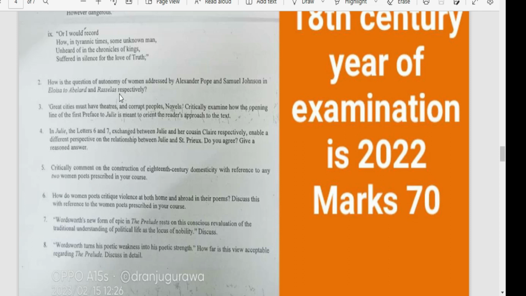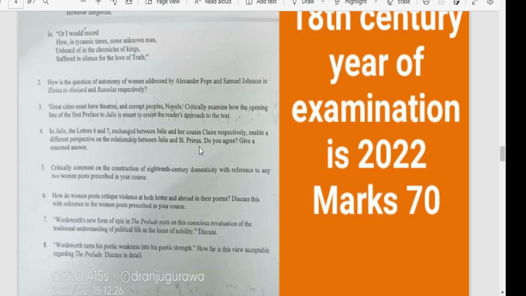Now question number 2 to 8 again, try to understand. How is the question of autonomy of women addressed by Alexander Pope and Samuel Johnson in Eloisa to Abelard and Rasselas respectively? Great critics must have theatres and corrupt people novels; critically examine how the opening line of the first preface to Julie is meant to orient the reader's approach to the text.